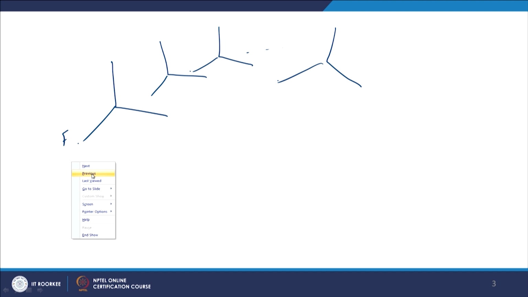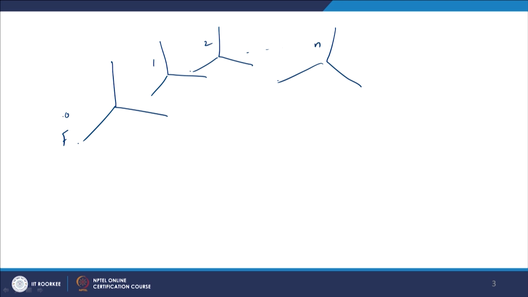So, let us consider a fixed frame, and there are several other frames, etc., and then finally we get a frame like this. Instead of fixed frame, we call it the 0th frame, and this is the first one, this is second, and then this is the nth frame.